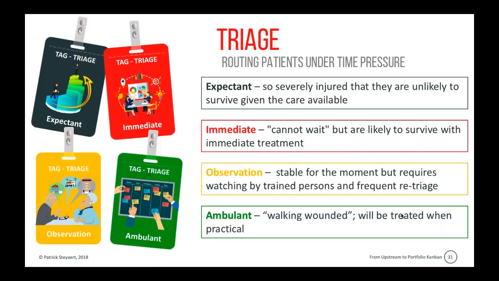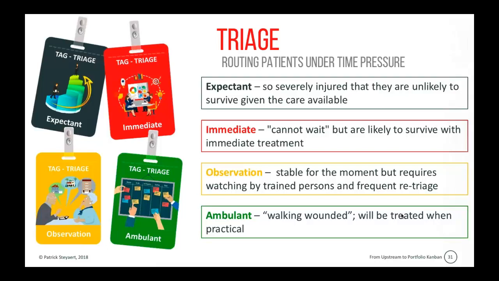So we start observing and maybe already diagnosing the patient in order to avoid escalation into an immediate situation. So that's the observation, the yellow patient. The green patient is an ambulant patient. The ambulant patient is stable, and we don't suspect any change in the situation of the patient.